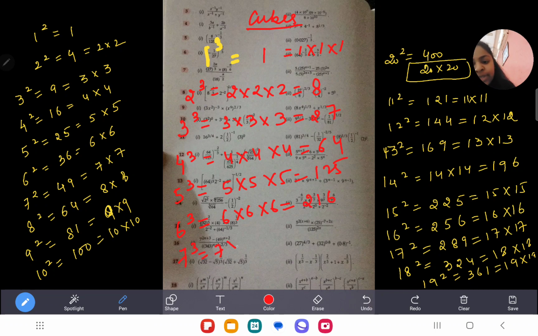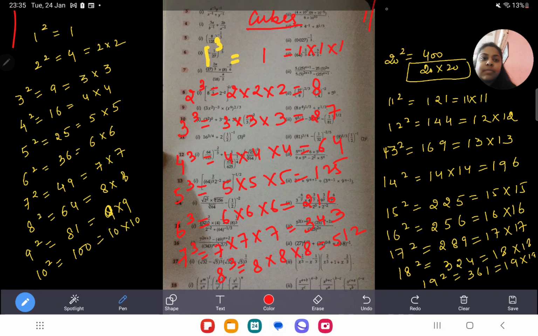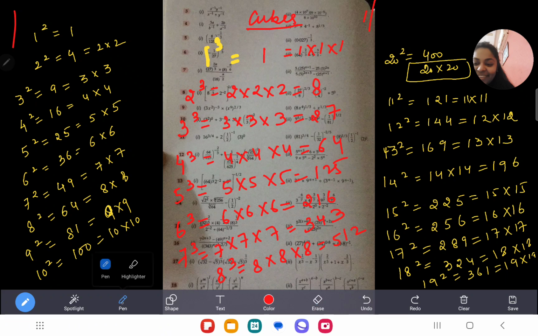7 cube shall be 7 times 7 times 7. That shall be 343. 8 cube shall be 8 times 8 times 8. That shall be 512. Correct?